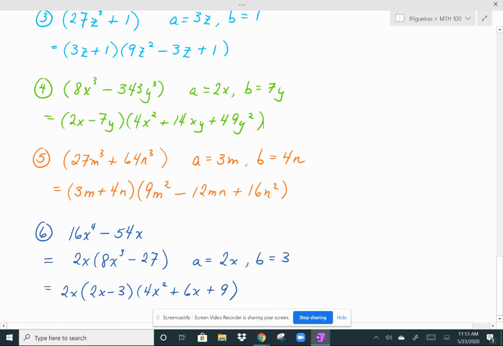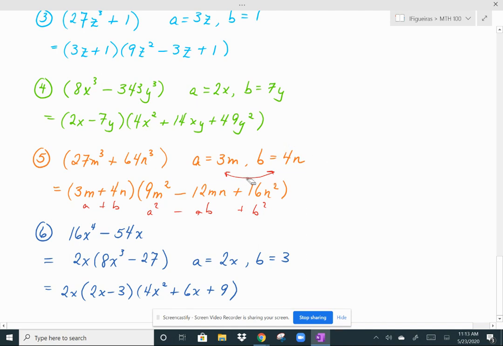So that will be a plus b, this is the a plus b, times, and this is a squared minus ab plus b squared. So we get 3m plus 4n times 9m squared minus 12mn, in other words, these two get multiplied, plus b squared, which is 4n to the second power.